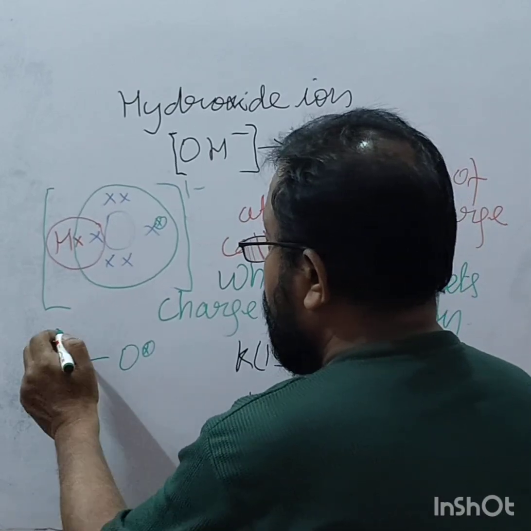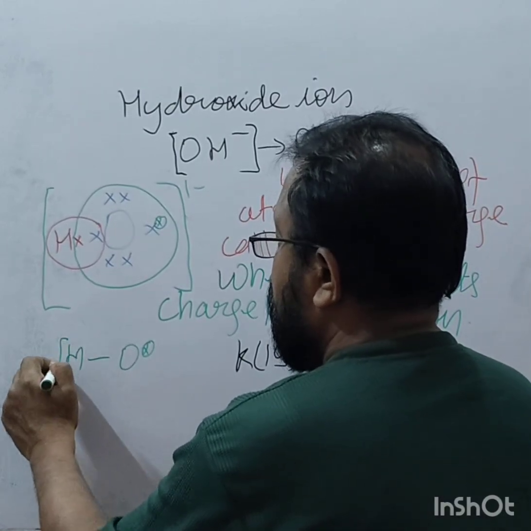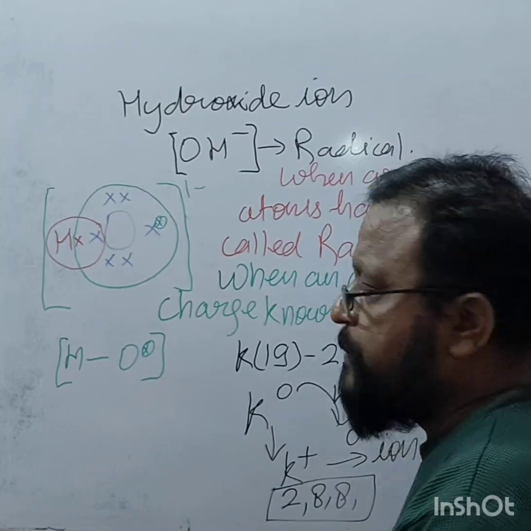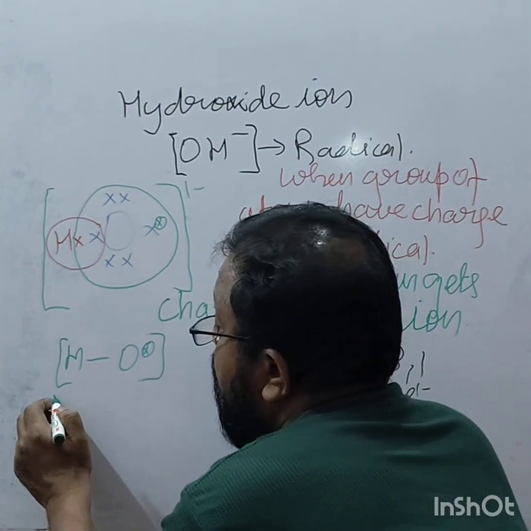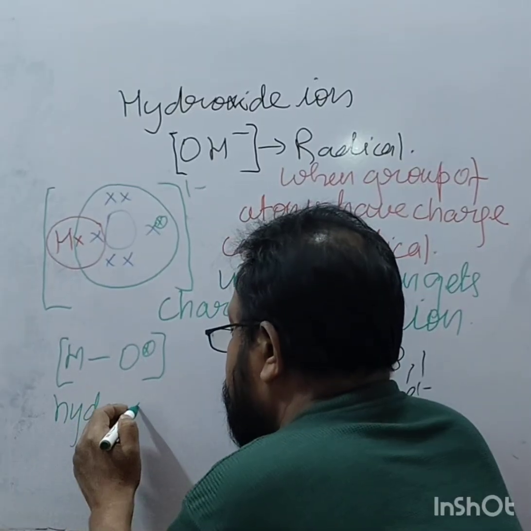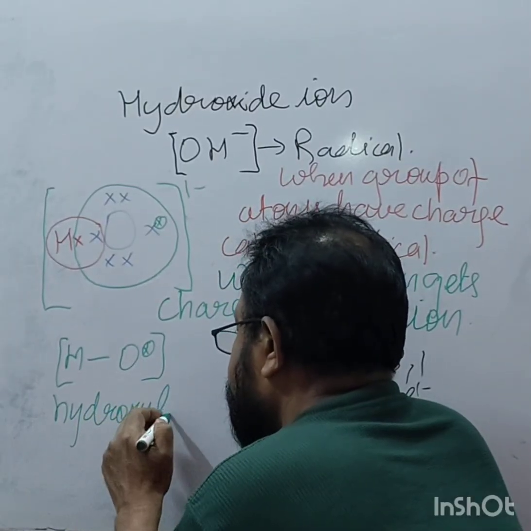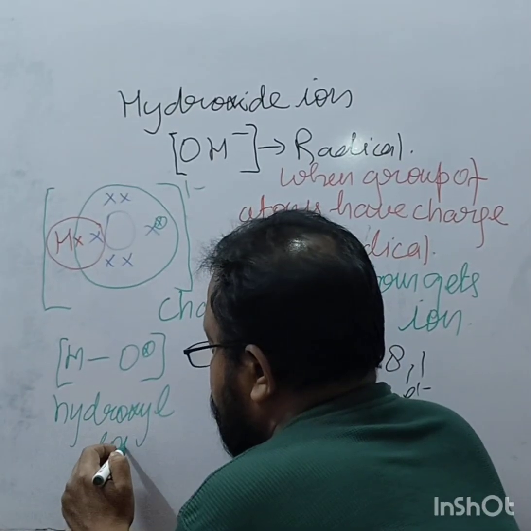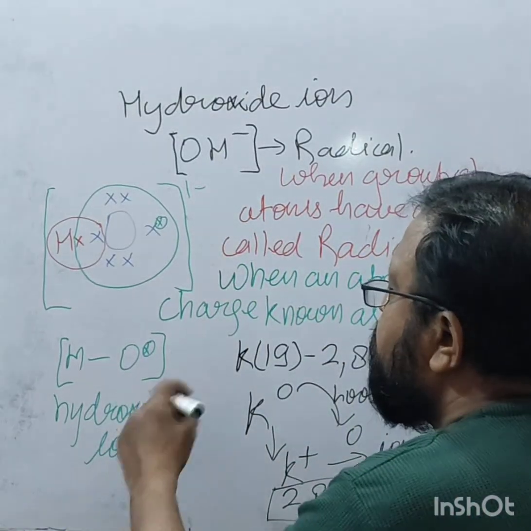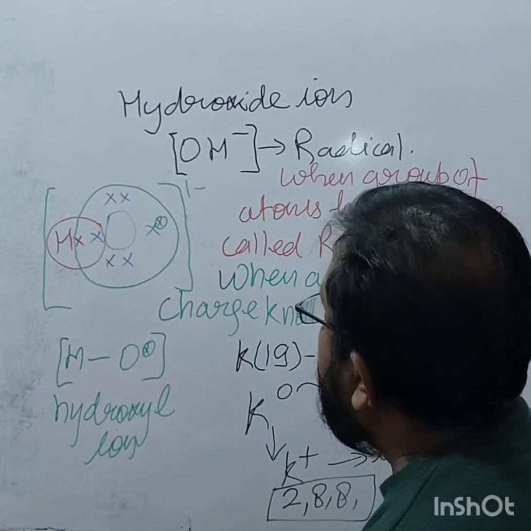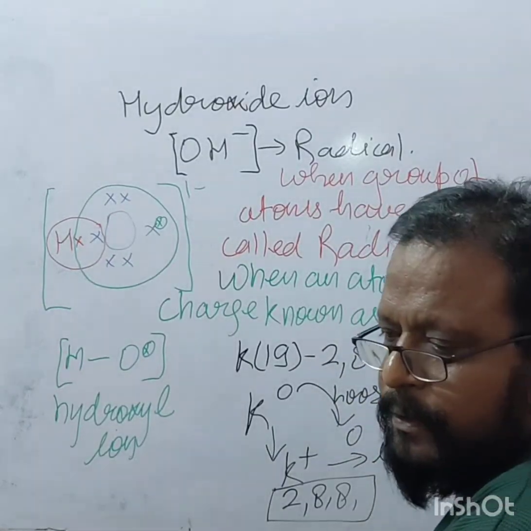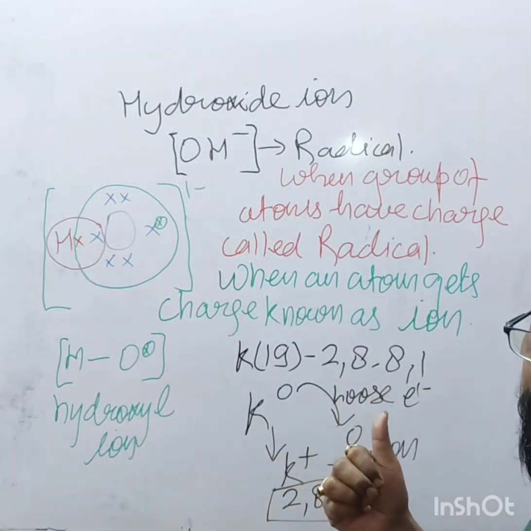This is called OH minus ion. This is OH minus, right? It is called hydroxyl ion. Okay? This is the structure of the hydroxyl ion, right? So you understand this?